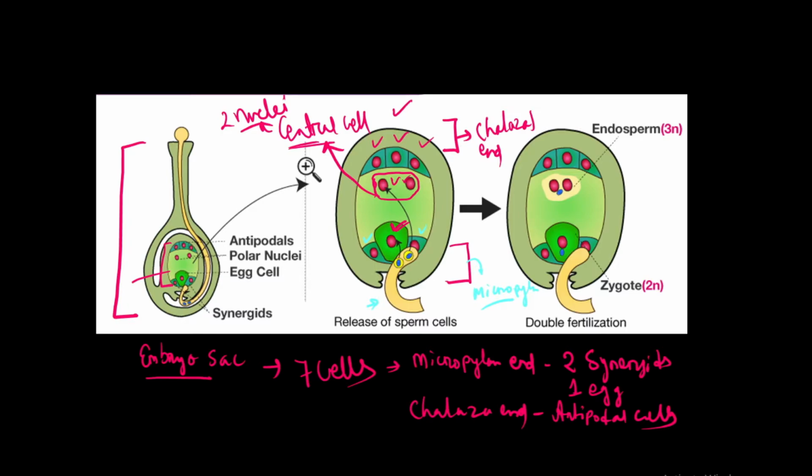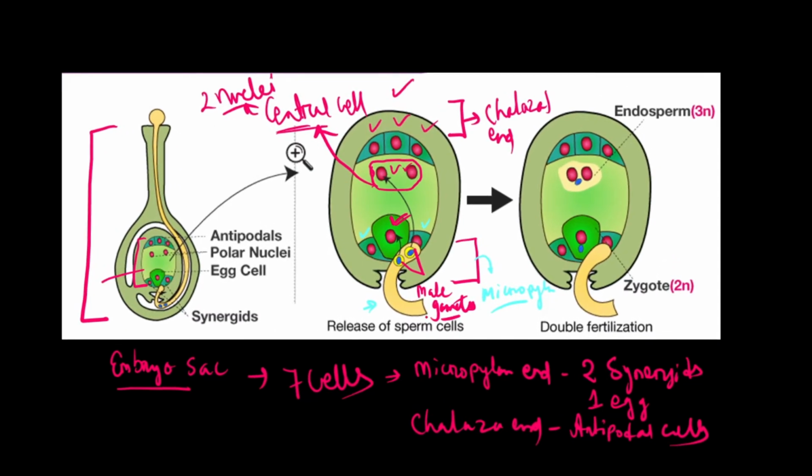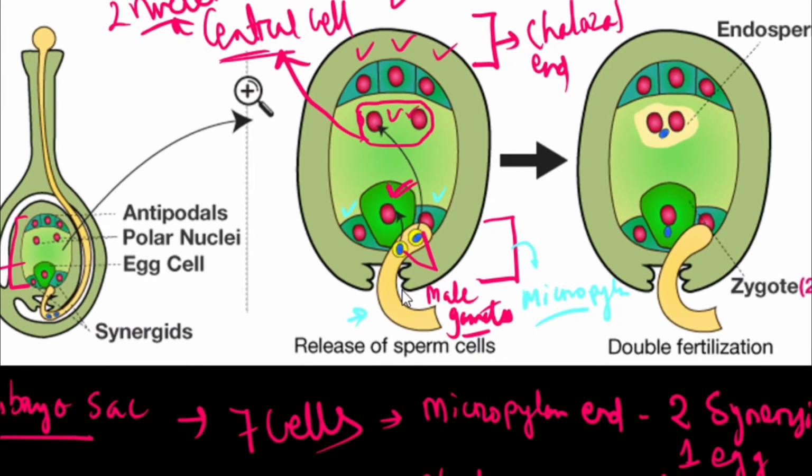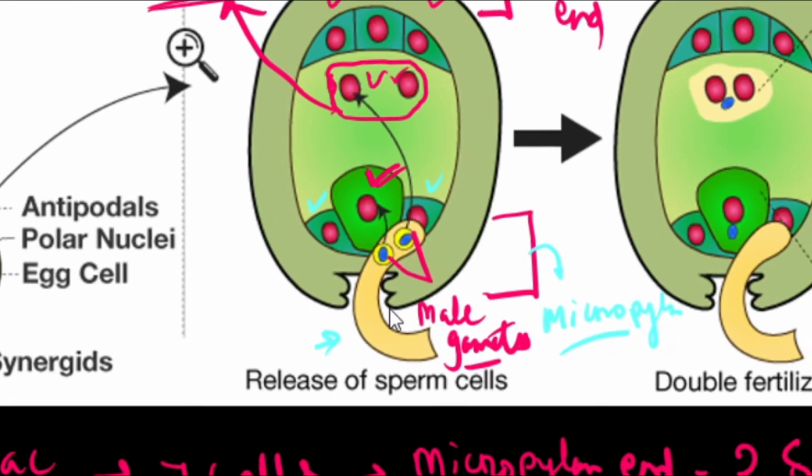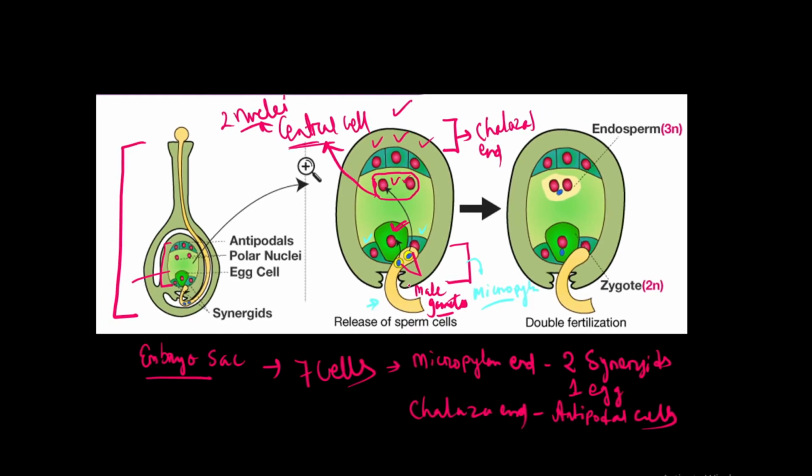This filiform apparatus is present in both the synergids. Once it reaches the embryo sac, as we know, the pollen tube carries 2 male gametes, and it releases those 2 male gametes into the embryo sac.